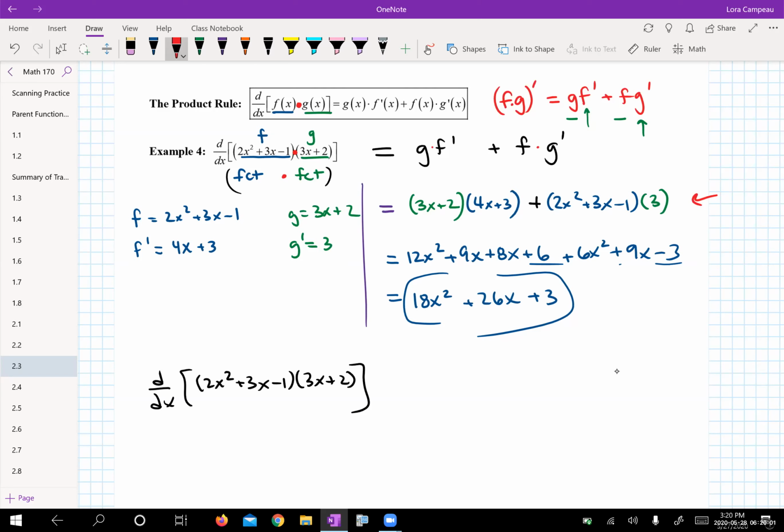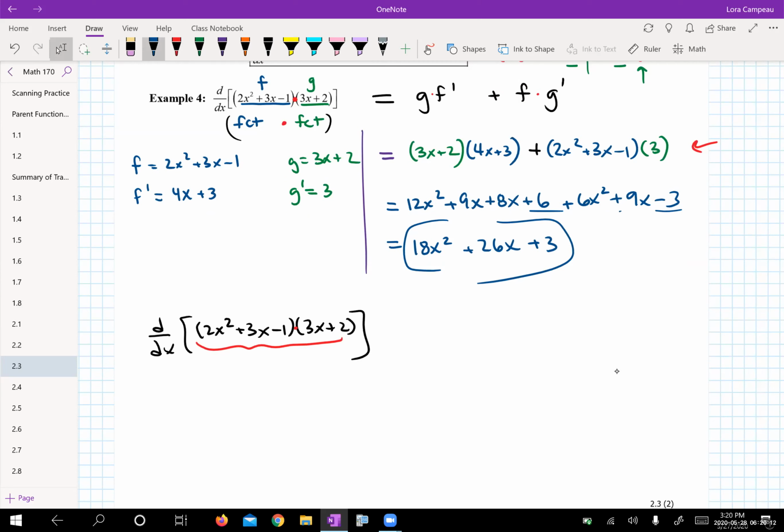And if we notice, we have a trinomial times a binomial. We could actually multiply them out, maybe before we even take the derivative. But if we do that, we have to remember that we have to keep writing the derivative notation because we have not taken the derivative yet. So if I were to multiply this out, it's a distribution. We can play around with distributing the 3x times the 2x squared.